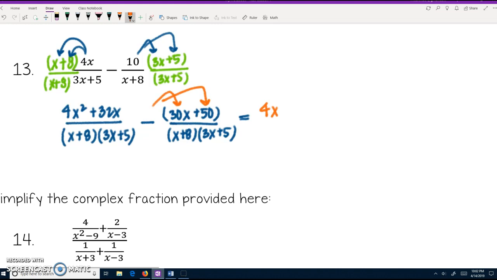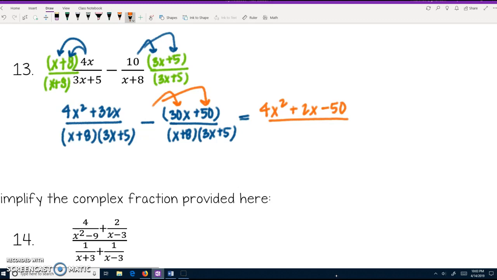So the 4x squared will stay by itself. Nothing can combine there. But the 32x minus 30x is going to be a plus 2x. Oops, that x got a little funky. Plus 2x. And then that negative is going to become minus 50.